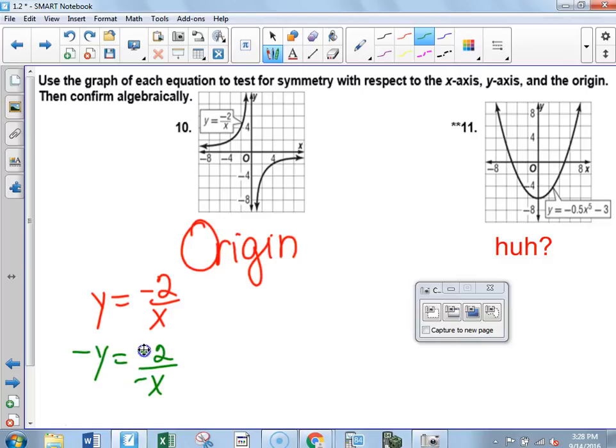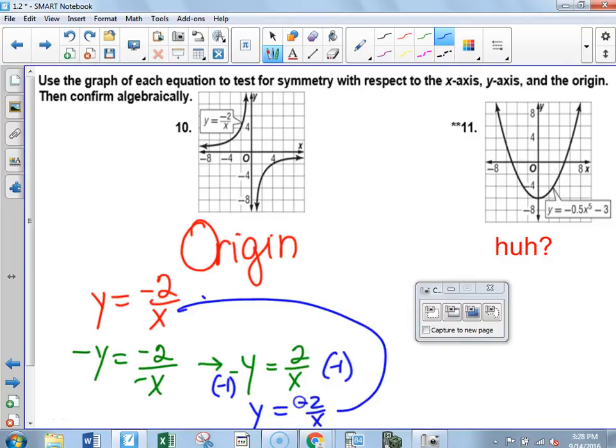Well, as soon as I see that, these two negatives become positive, so I have negative y equals 2 over x. Then what do I have to do? Do something to change this sign. So I'm going to multiply this side by -1 and this side by -1. So I get y equals, you only do this once, right? Not to both top and bottom. So you get -2 over x, which is this. So there's your algebraic proof.